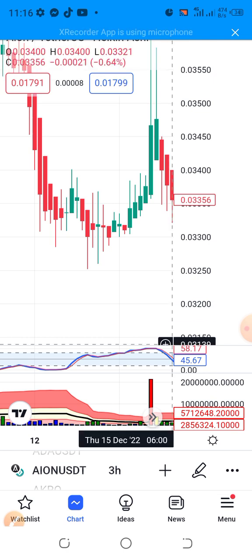Normally it's very, very important when you find it toward the end of a trend. So if it is gravestone, it is okay to find it on top or at the end of the bullish trend.